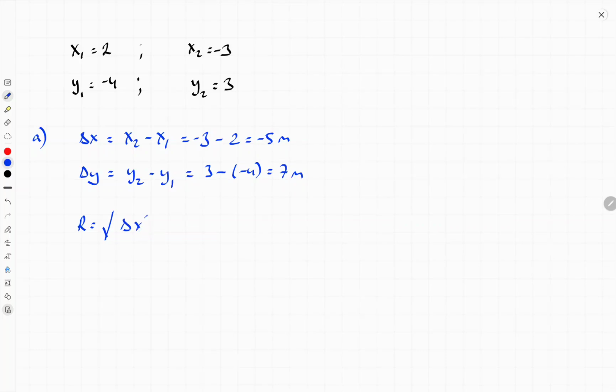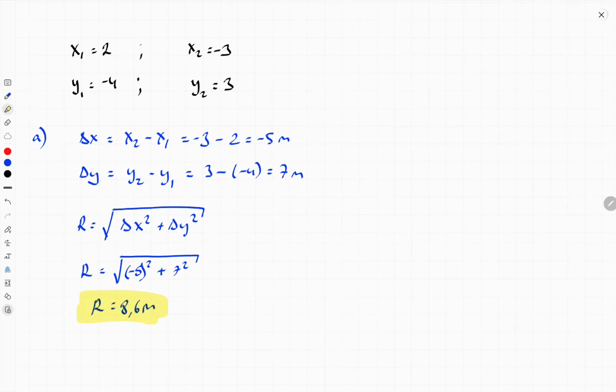So delta x square plus delta y square, which means (-5) square plus 7 square, and square root, so R will be equal to approximately 8.6 meters. This is the distance between the 2 points.